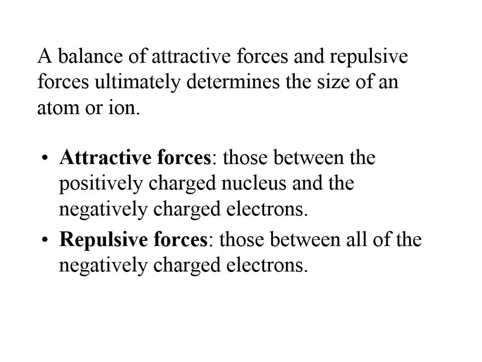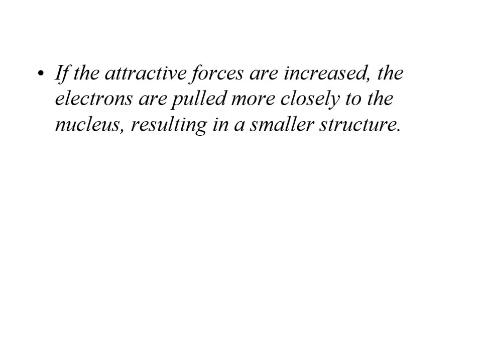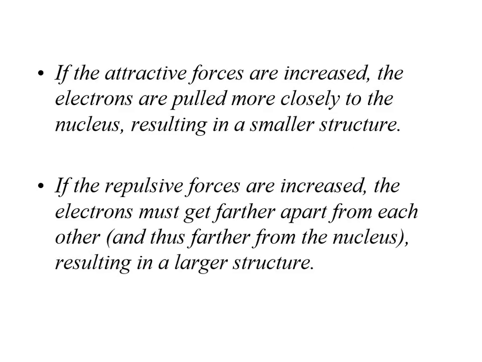And at the crux of that is, again, the attraction that the electrons feel for the nucleus and the repulsion that electrons feel for each other, making it larger and making it smaller. The attractive force is making it smaller. So if the attractive forces increase, it sounds like we're back to part 3 again, doesn't it? If attractive forces increase, it becomes smaller. If the repulsive forces increase, it becomes larger.